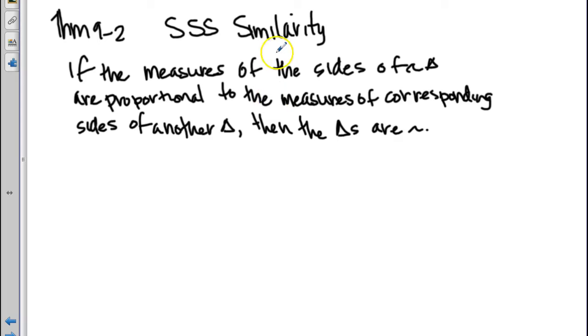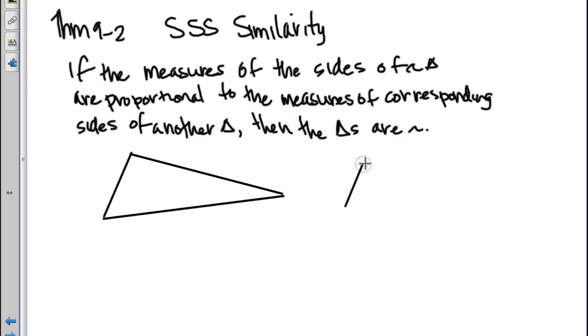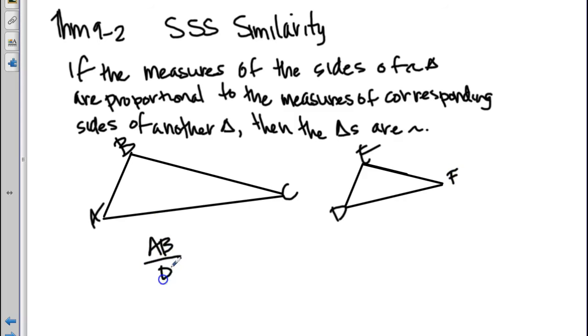So if we are given two triangles, they could be kind of like the ones that we had before. It doesn't really matter. So I'll have a big triangle and we'll put a smaller one here. A, B, C, D, E, F. And they tell me that when I look at these ratios, AB over DE is equal to BC over EF, and that is also equal to AC over DF.